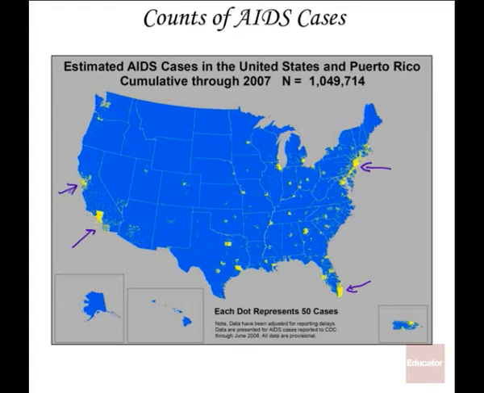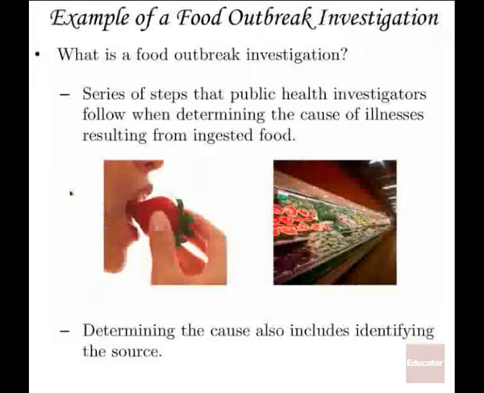Another example is that the prevalence of HIV in San Francisco is much higher than in Los Angeles, but the number of AIDS cases in Los Angeles is much more numerous than in San Francisco. It's really because Los Angeles has a much larger population base, so they would also have more cases, but the prevalence is much lower in Los Angeles than in San Francisco.